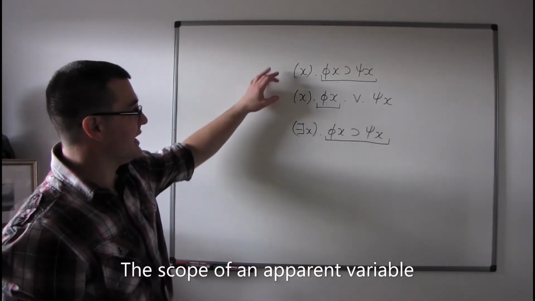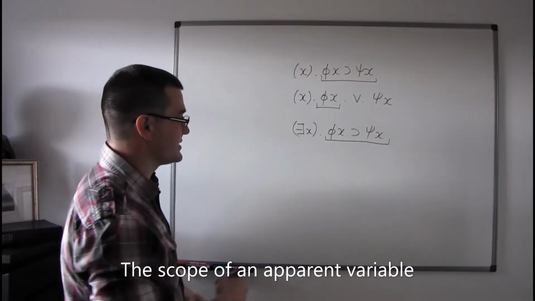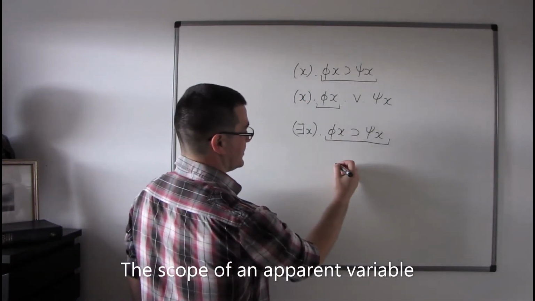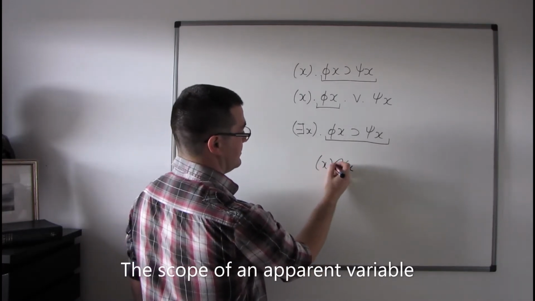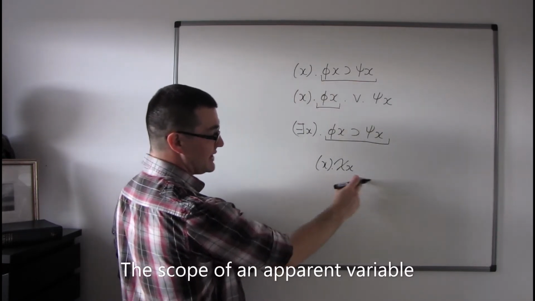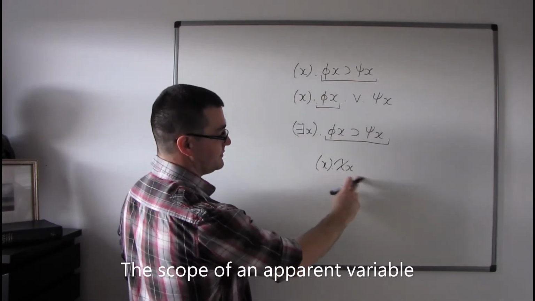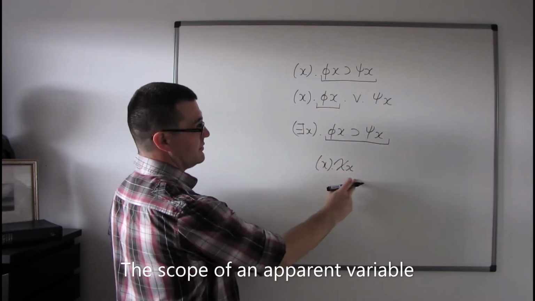So in these two, I could almost imagine the phi x implies psi x to be replaced by a single function, let's say chi x. And I could replace this with something, I can imagine this being something of this form. Whereas I can't imagine this being of this form.